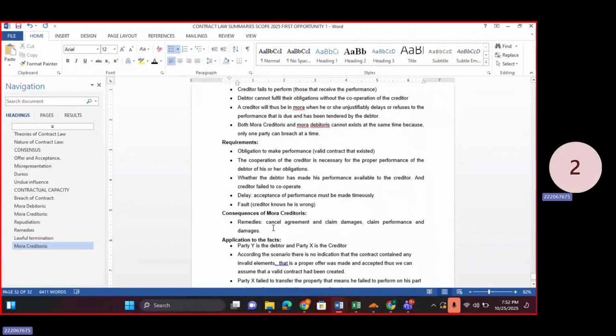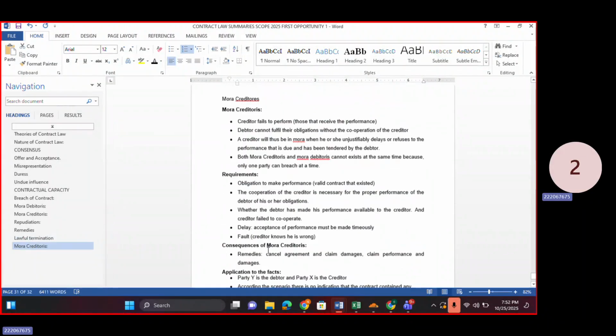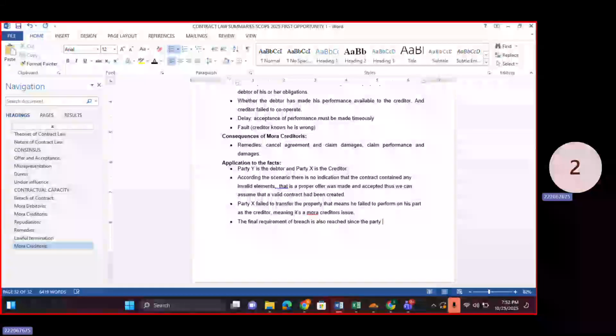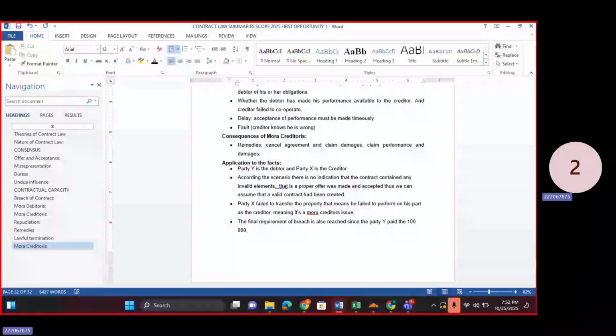Okay, so the party failed to perform, and what's the last one? The aggrieved party performed. And the final requirement of breach is also reached since Party Y paid the 100,000.